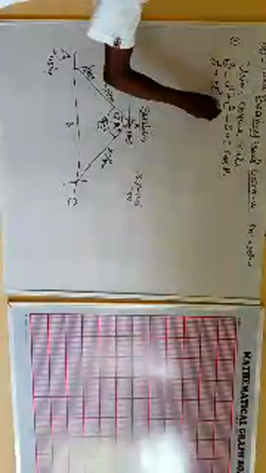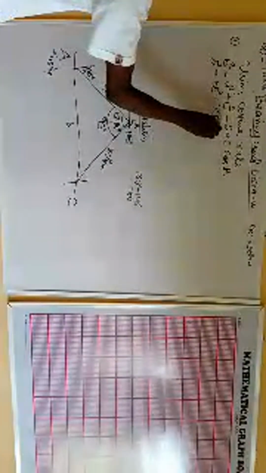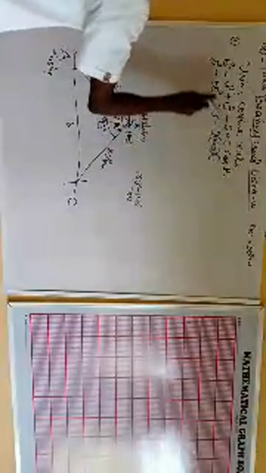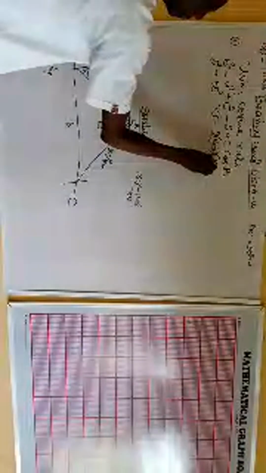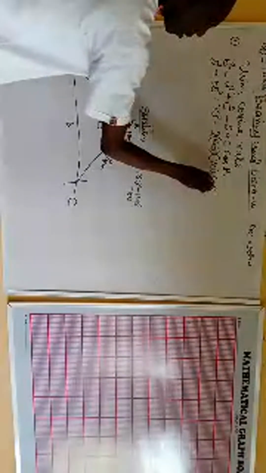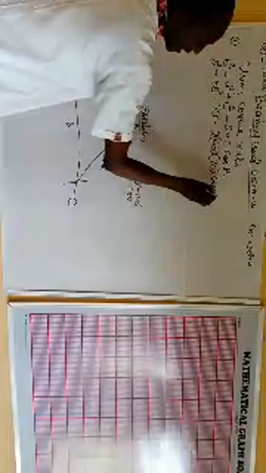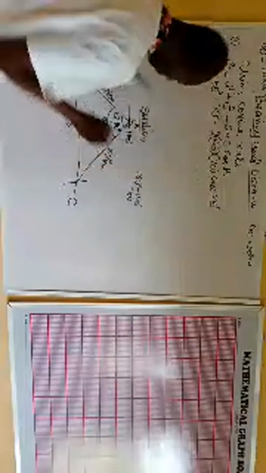What is our a there? It's 55 squared. Our c there is 70 squared. Then minus 2 times this 55 times this 70, then cos b. Look at b here: cos b is cos 95 degrees.